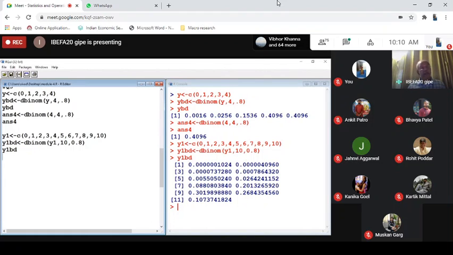So I denote the first probability PY1, the sum of D binom, 3 to 7, 10 comma 0.8 is the syntax.